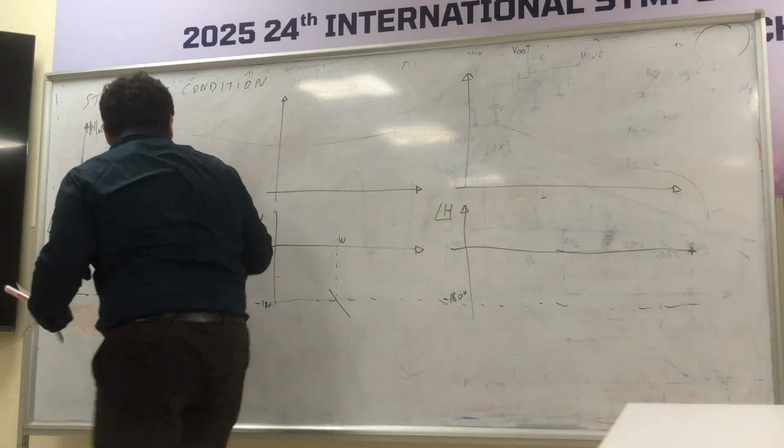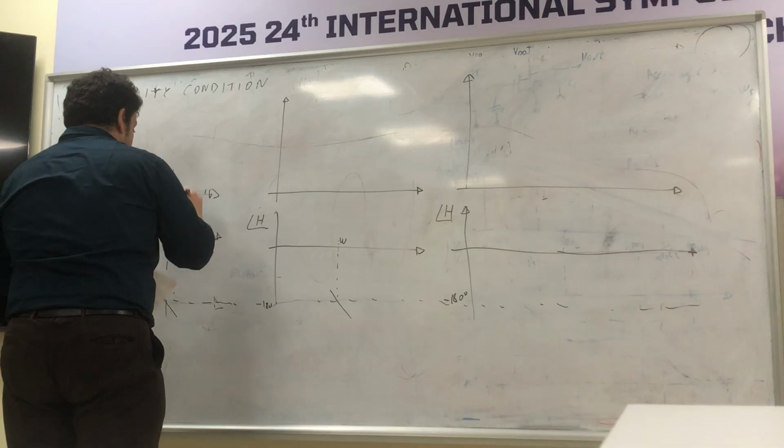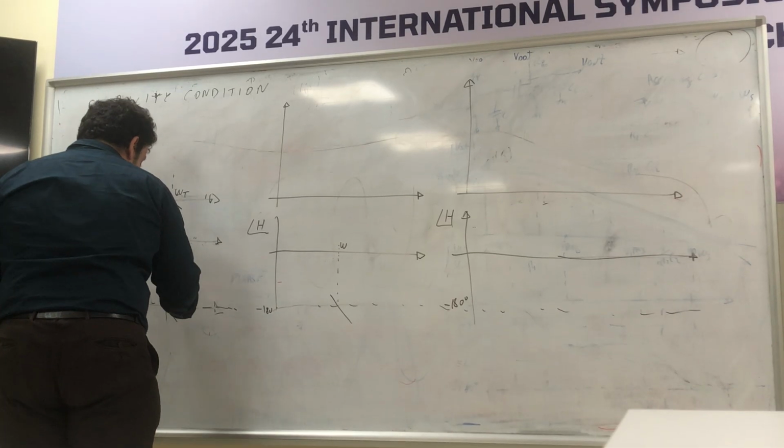We call it omega 0. The same, so omega t, they cross the same point.